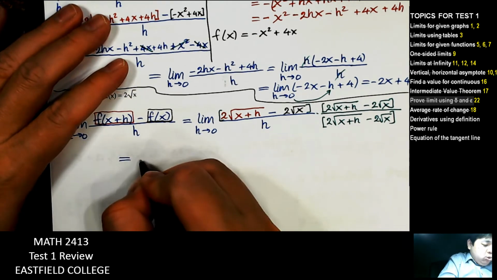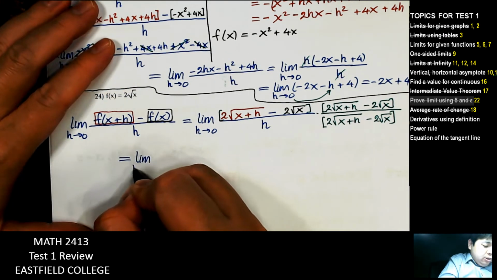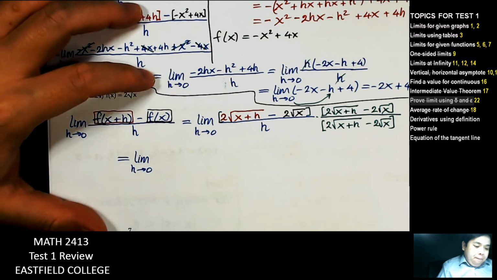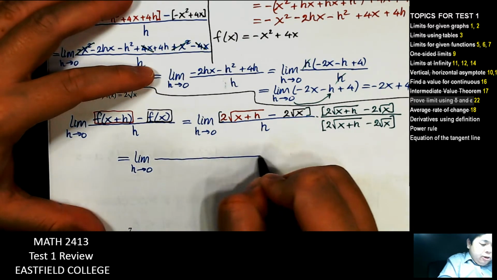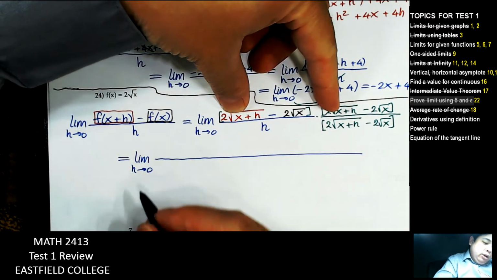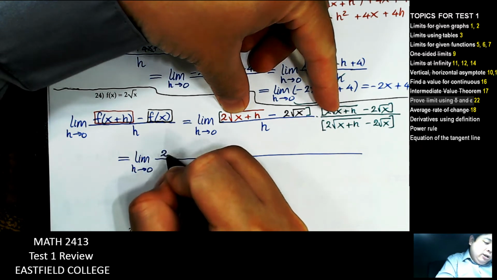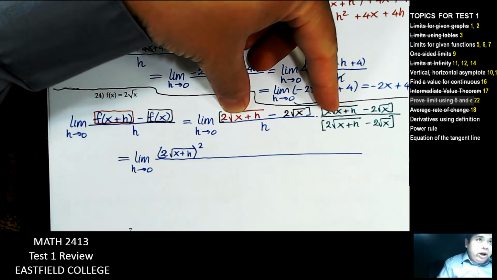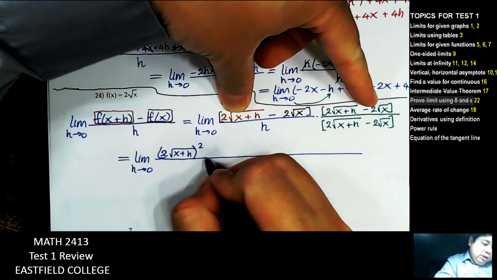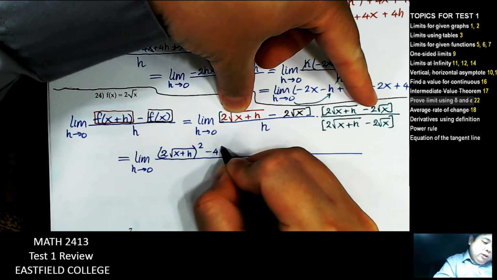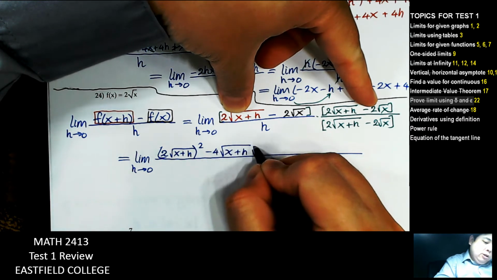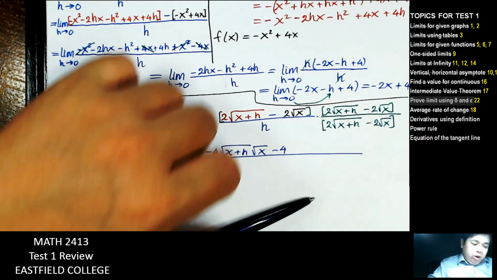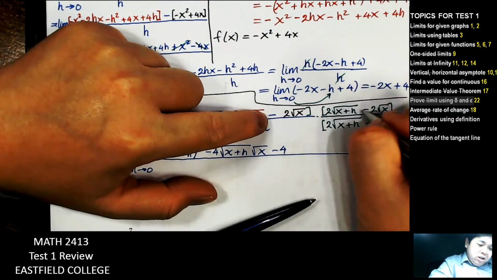Now we'll multiply it out. Those two are the same, so I will make a square. And these two, so the conjugate: this one is the minus, this has to be a plus.